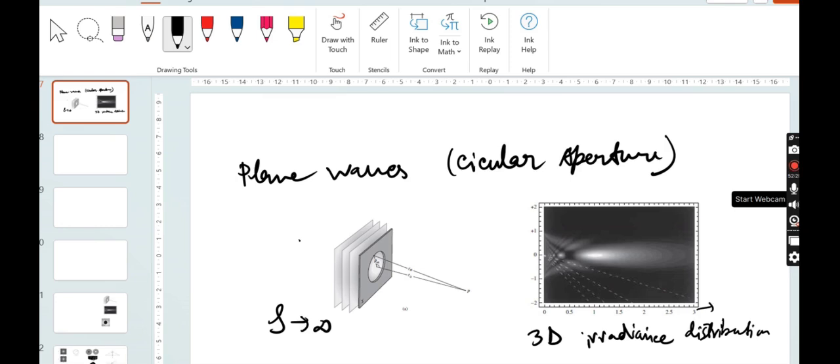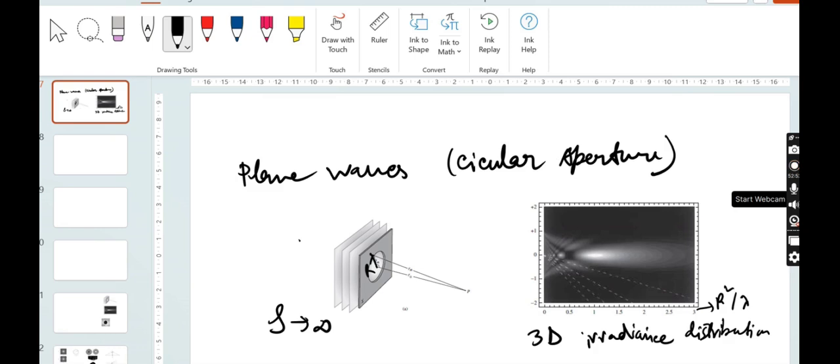The units here are in r square by lambda, where r is the radius of the hole. So here the aperture extends from +1 to -1 at a distance of r square by lambda equal to rho naught.